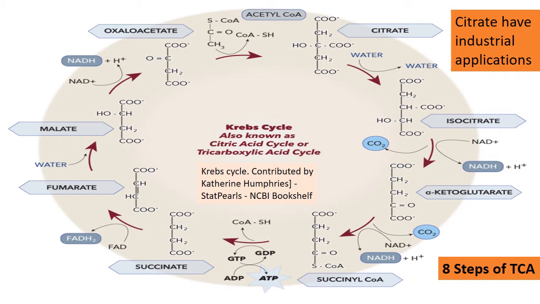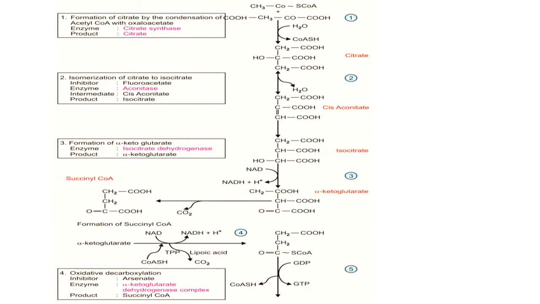Now we will discuss each step one by one in a little more detail. The first step is condensation, where acetyl-CoA combined with oxaloacetate results in the production of citrate. So this is the first step, the product is citrate, and the enzyme is citrate synthase.